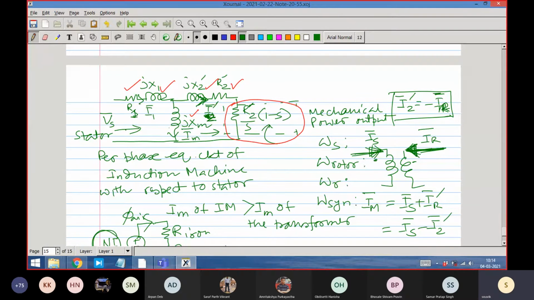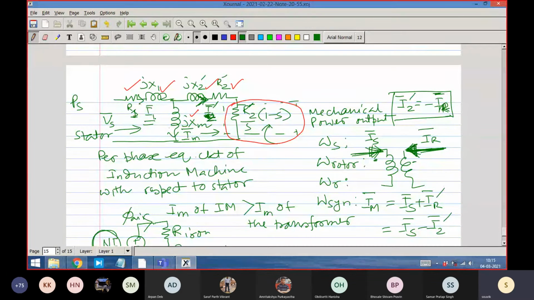So power in terms of what is the power that is entering, if I call it PS. So PS is the stator power. Do you understand that the power that is entering from the stator can now be expressed by our phasor relationship between supply voltage Vs, or the stator voltage Vs, that is also the supply voltage Vs, and the stator current I1, and the phasor relationship between them.